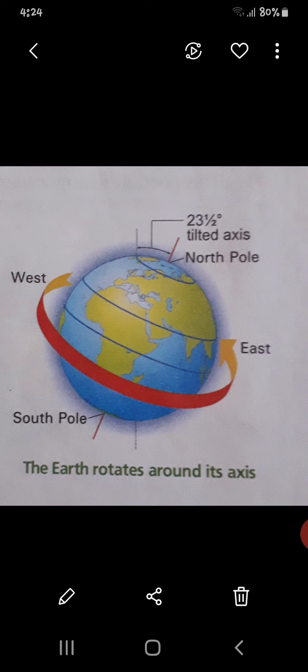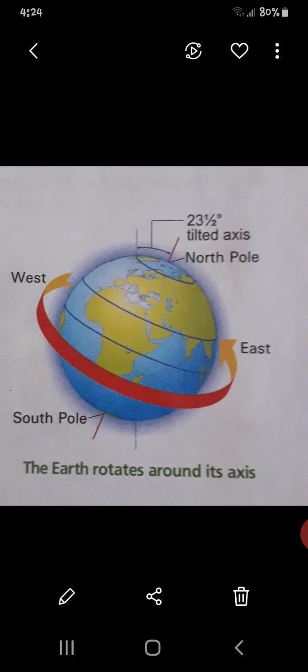So Delhi is in the eastern part of Greenwich, and London is in the western part of Delhi. It is night in London when it is sunrise in Delhi. Similarly, when the sun rises in London, it is still night in New York, which lies to the west of London. So it depends whether the place is in the east or west.